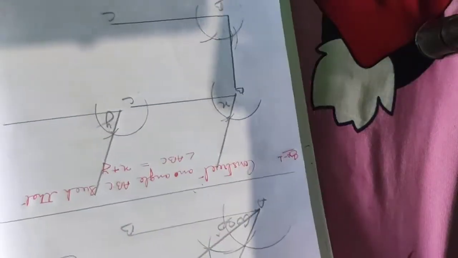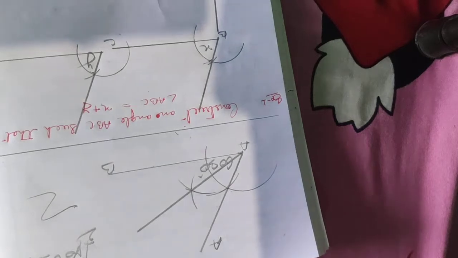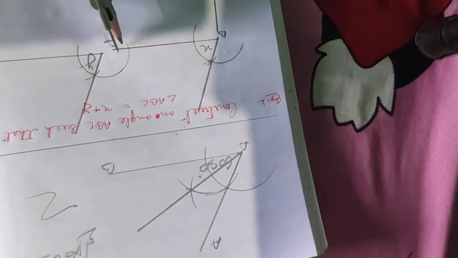So from this point, center B, cut DE equal to PQ.